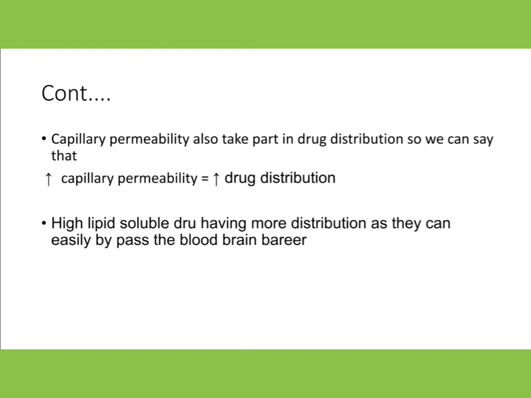The more the capillary permeability, the more drug distribution there is. Highly lipid soluble drugs have more distribution as they can easily pass through the blood-brain barrier. Another important thing is that if the drug takes less time in disintegration and dissociation, then it will have more time for absorption and distribution.